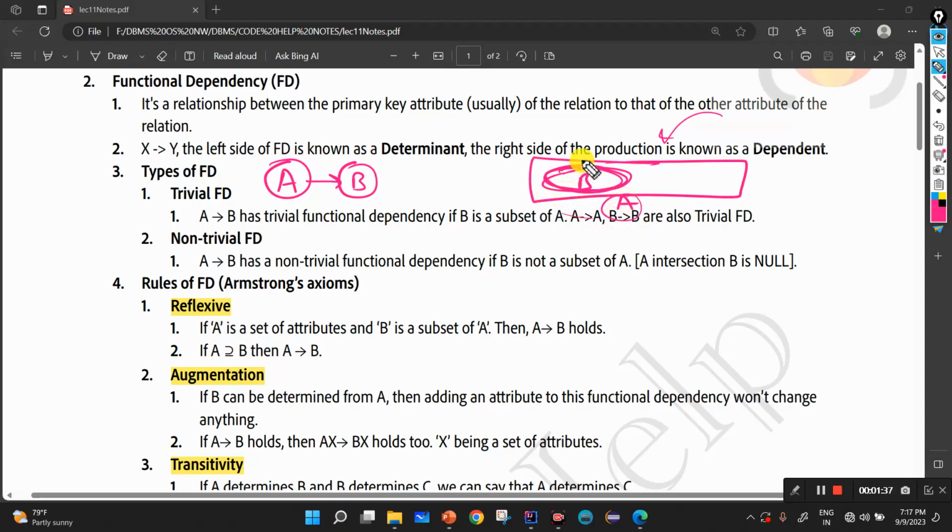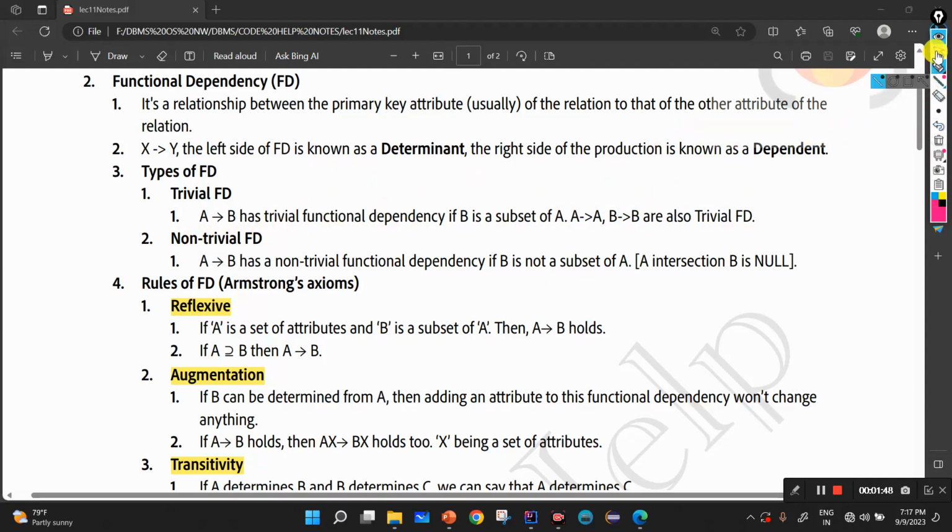Got the point? Non-trivial means B is not a subset of A, but still it is dependent on A.